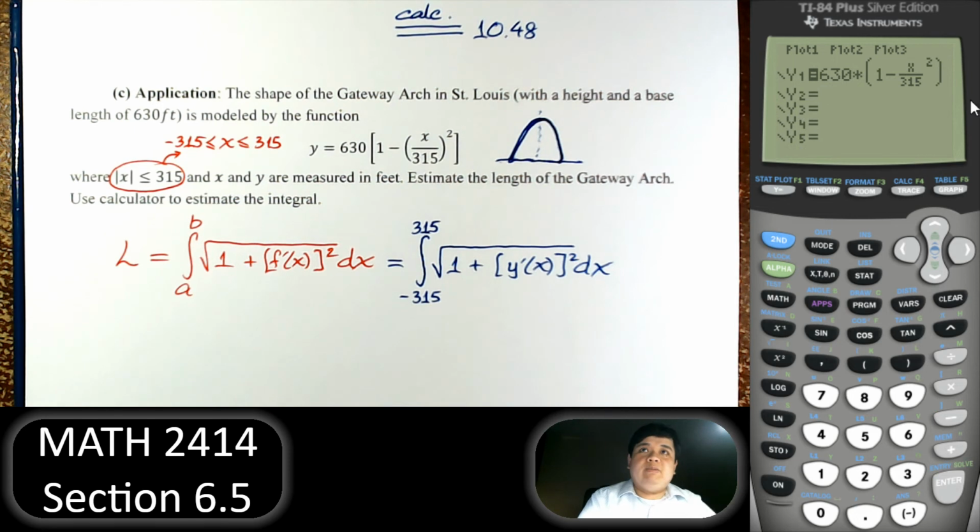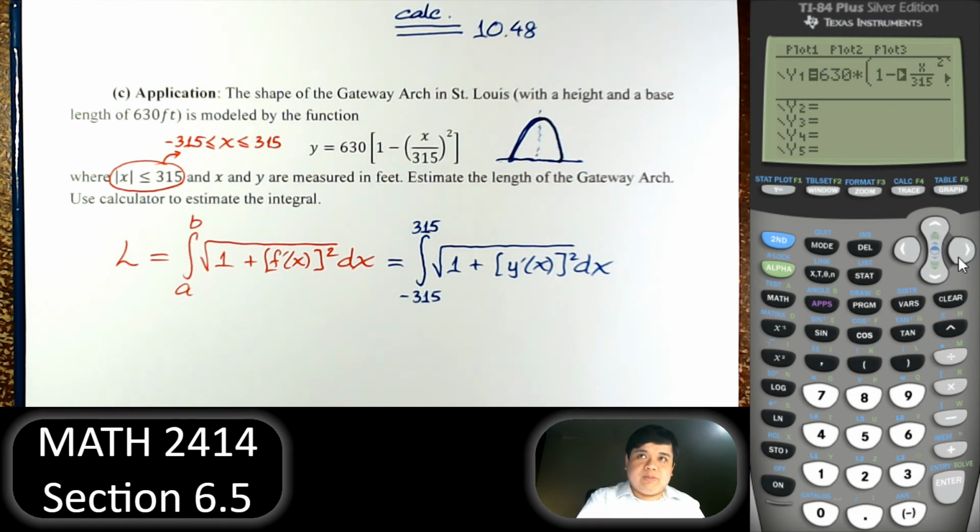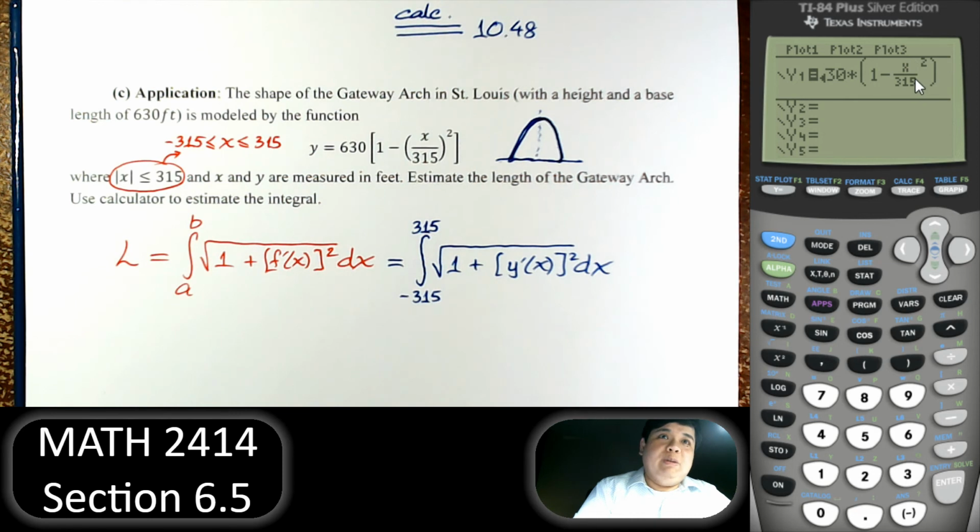So pretty much we have the function, right? Don't forget, in the calculator it is the parentheses, but it understands that it is the parentheses there. It did not say x squared over 315, it is x over 315 squared. That's why the square is way over there.